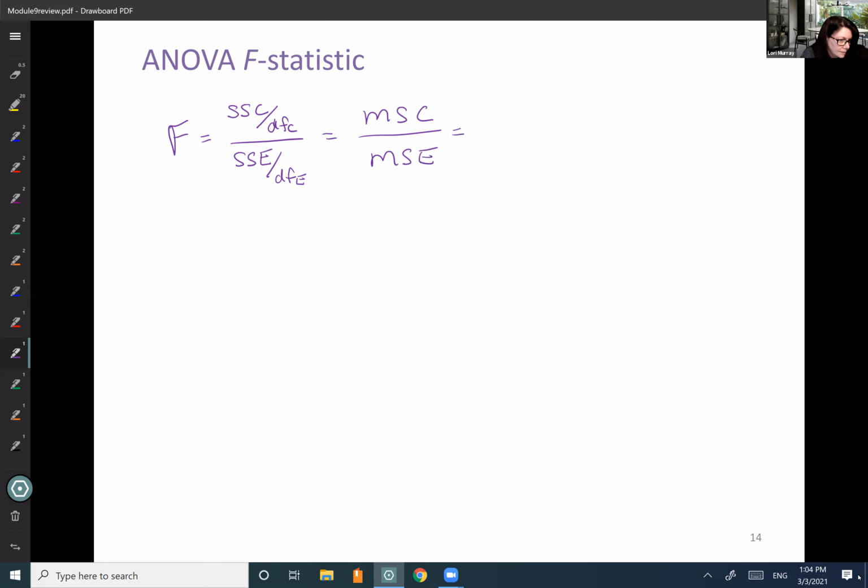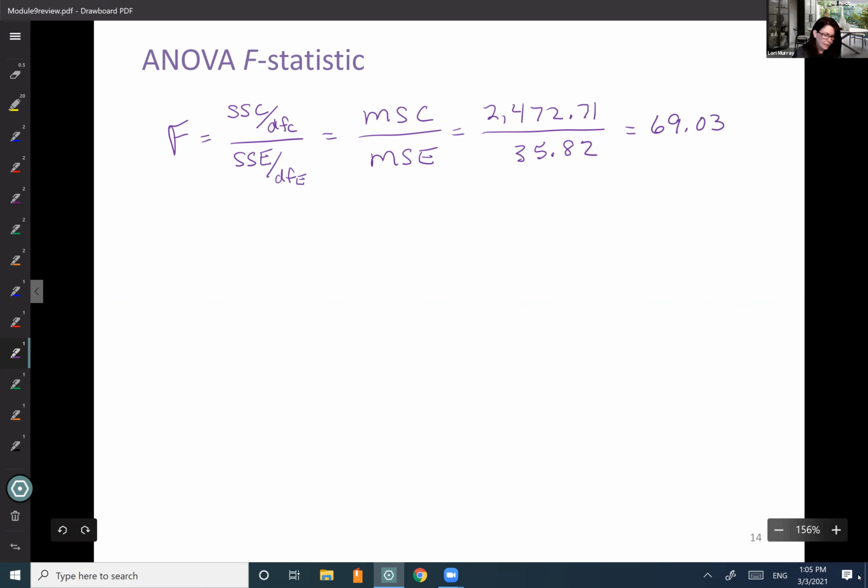And we ended up getting 2,472.71 divided by 35.82, right? That's how we calculate that. So you take those values and divide, and we end up getting 69.03.